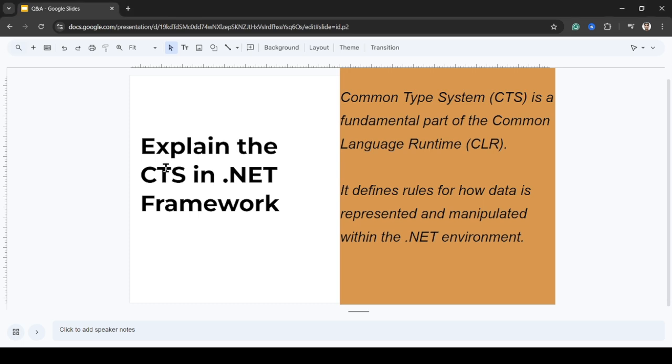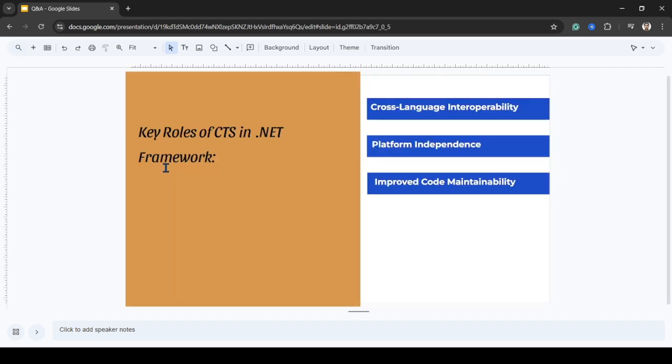So that's the important rule of CTS, and let's see the key roles of the CTS in the .NET framework. The key role of CTS is cross-language interoperability. The CTS enables seamless interaction between code written in different languages in .NET.